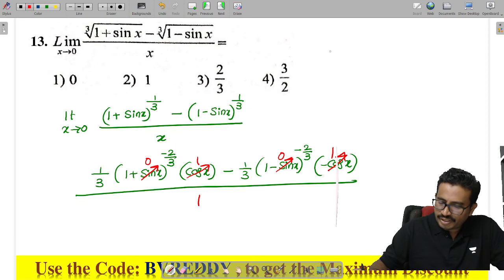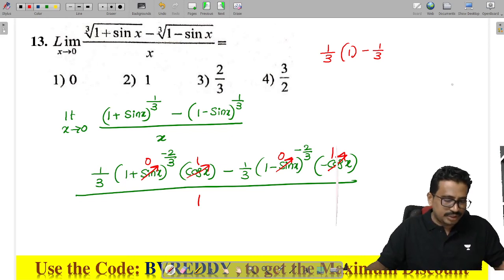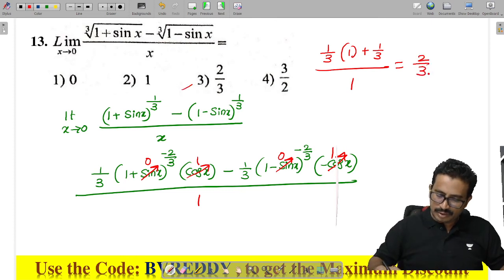Now simplify, what will I get? This is 1 by 3 into 1, minus 1 by 3 into, see this carefully again, minus or minus plus will come, by 1. So which is equal to 2 by 3. This is the answer.